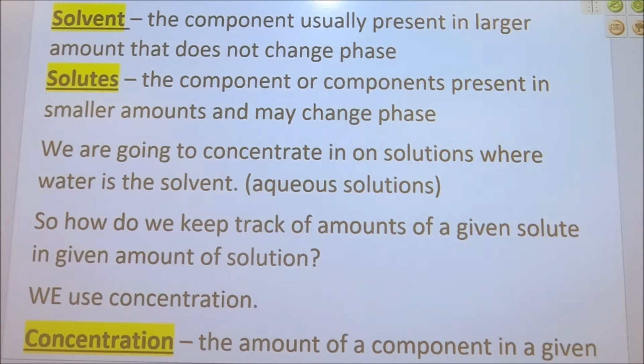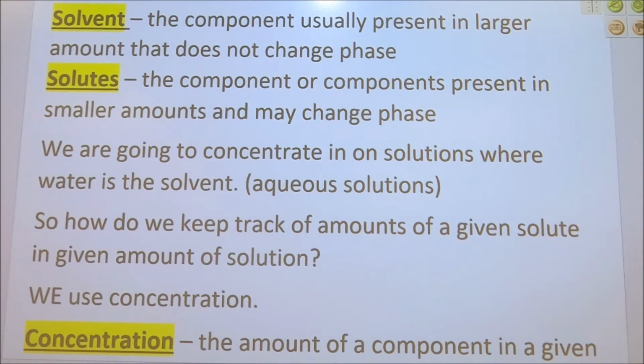So if I were to mix water and table sugar, water is a liquid to begin with, table sugar is a solid to begin with, the mixture is a liquid. So the sugar was my solute because it changed from a solid phase into a mixture that is a liquid. It became dissolved. So we talk about the solute dissolving up in the solvent.